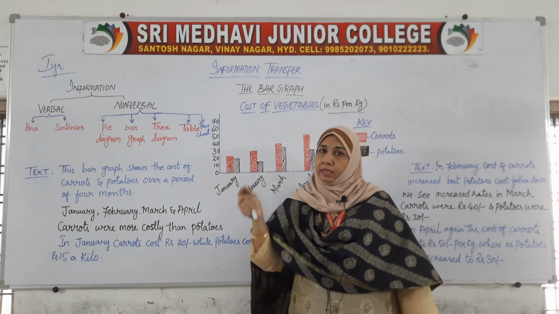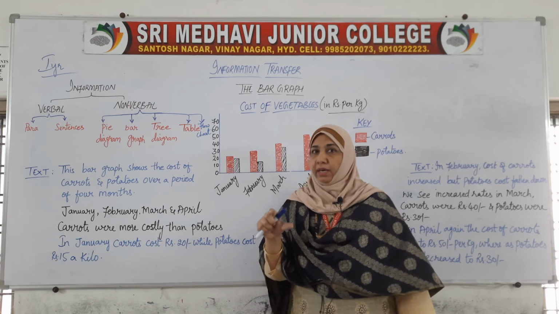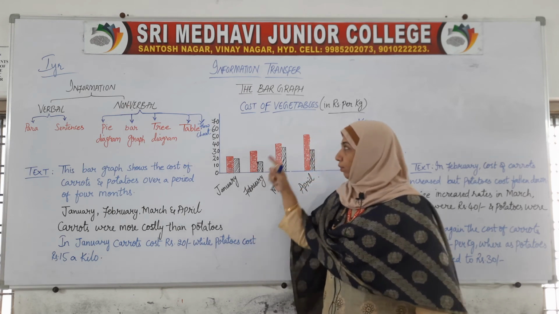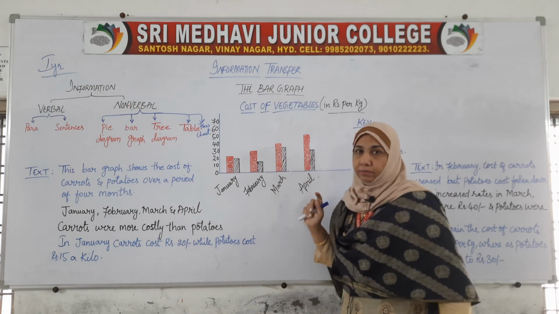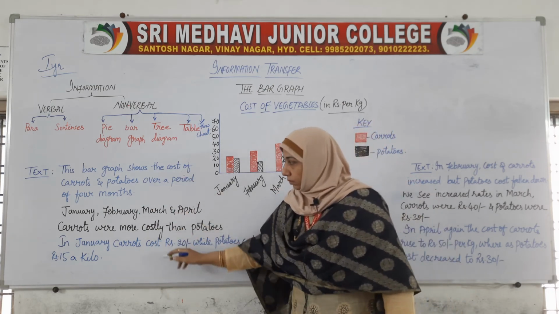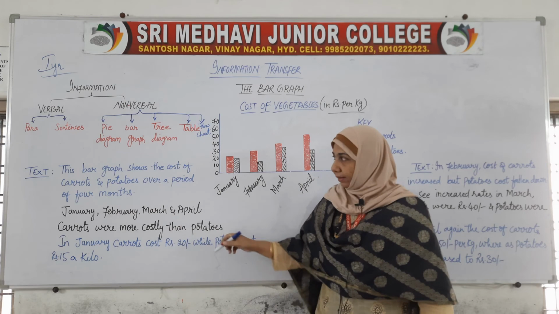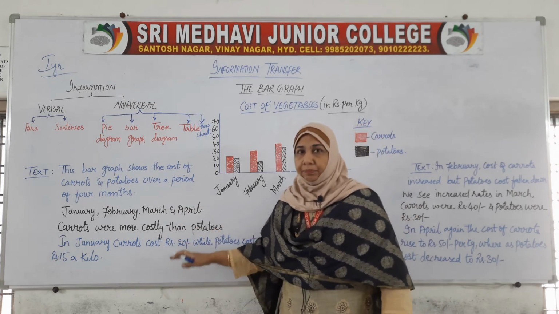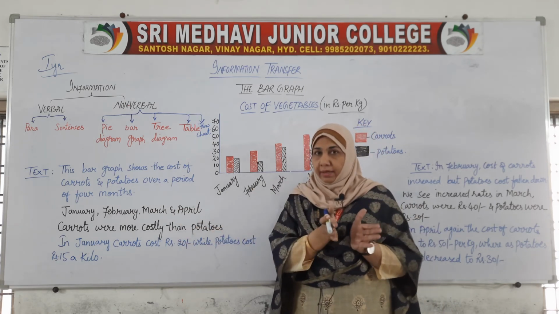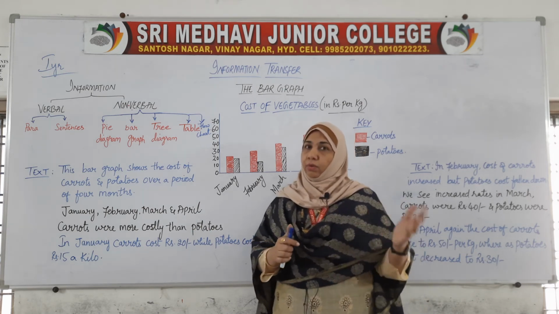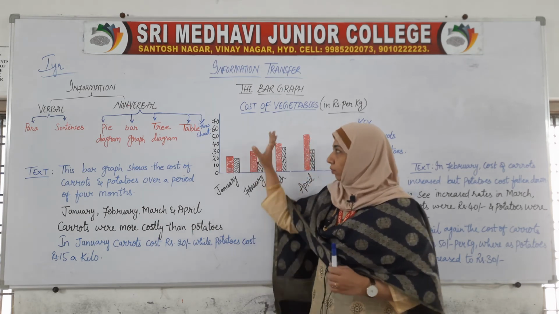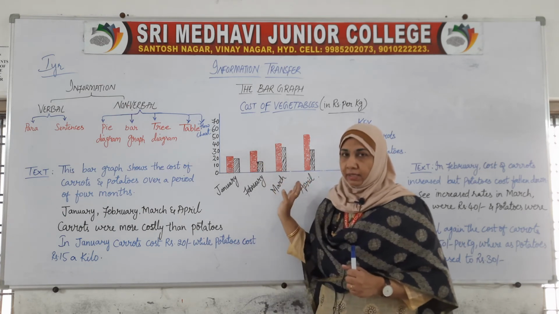If sentences in the form of a paragraph are given, you have to draw this diagram. If the whole thing is given and it says convert this particular information into a bar graph, you have to draw the bar graph like this.